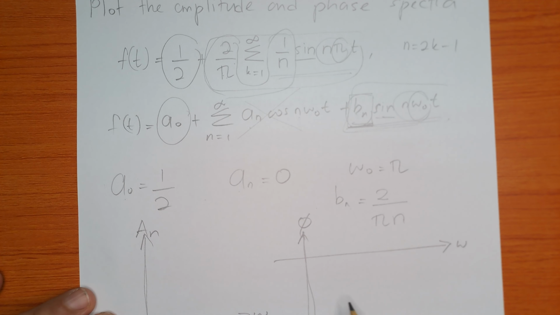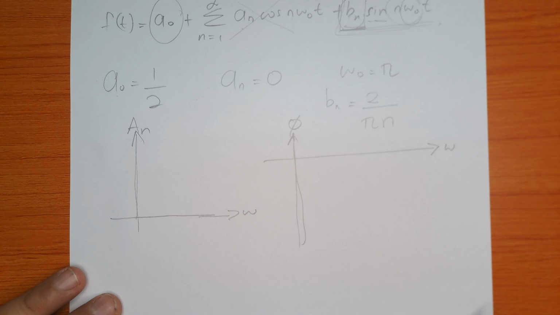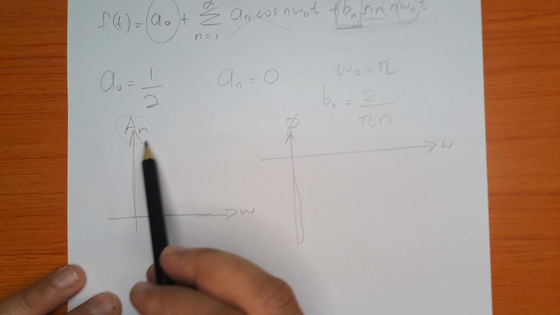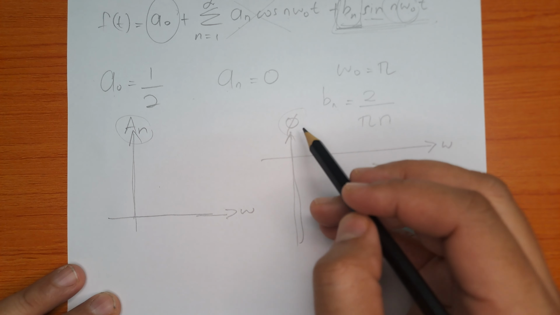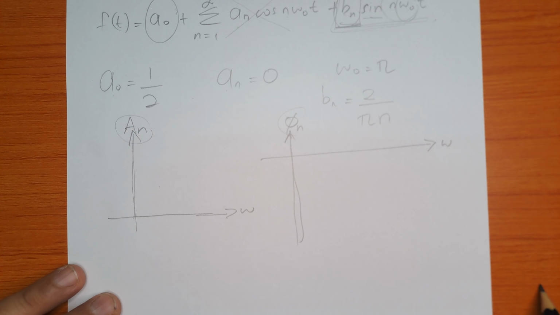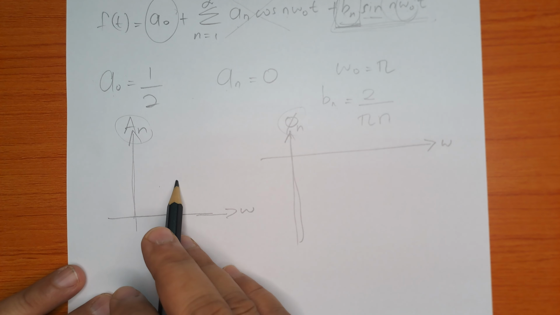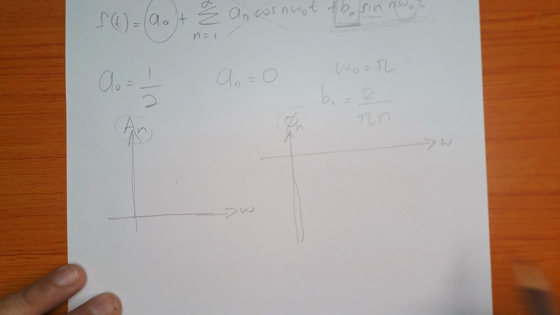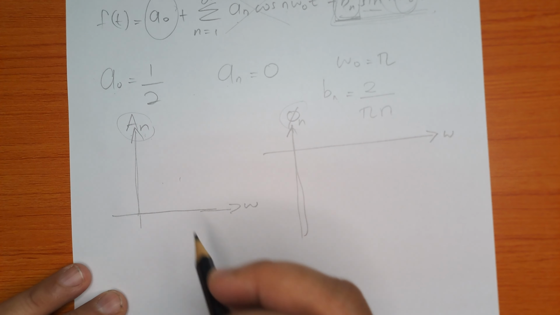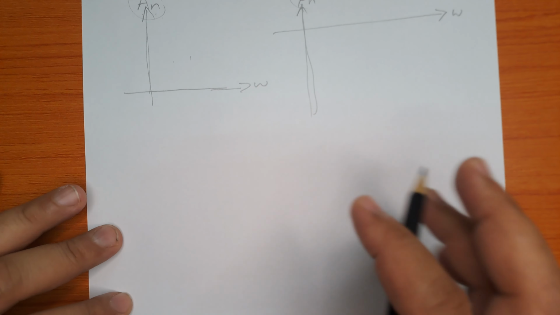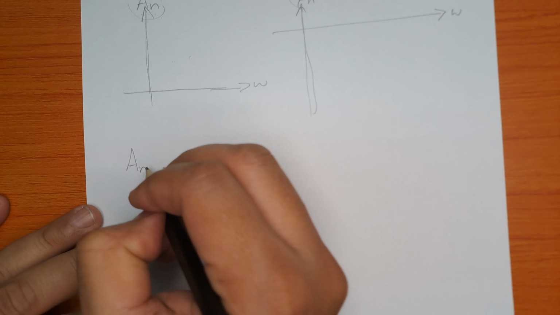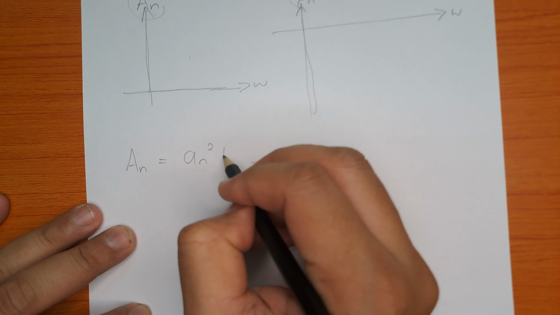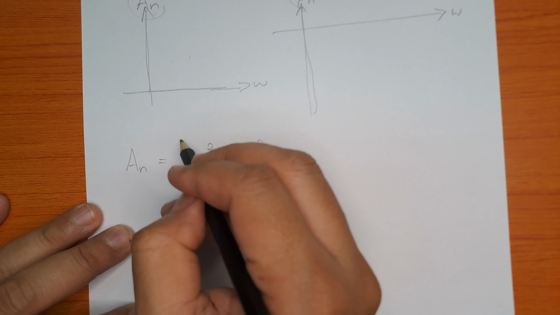So we have to determine the value. What is the value of An? What is the value of phi n? For us to plot this, we have to determine the capital An, amplitude, and phi n. Now this value we can compute from the square root of an square plus bn square.